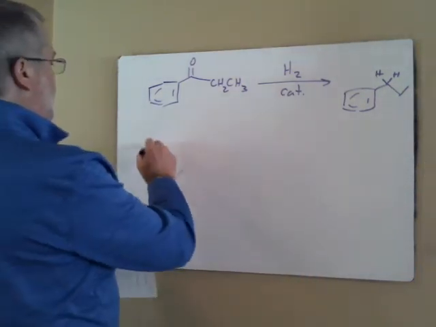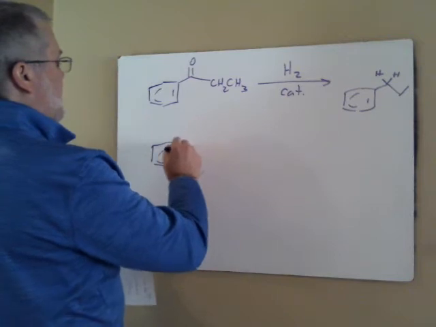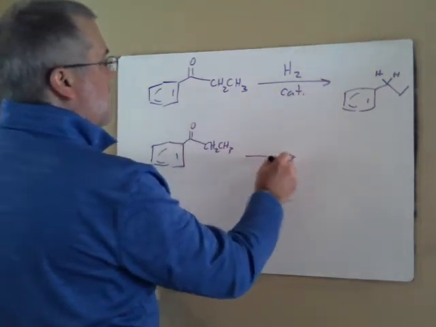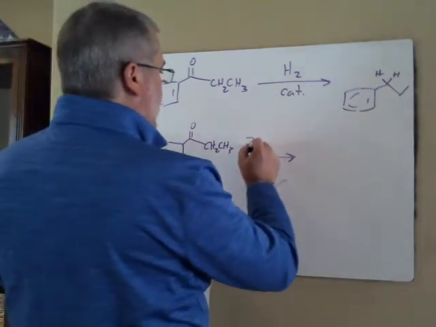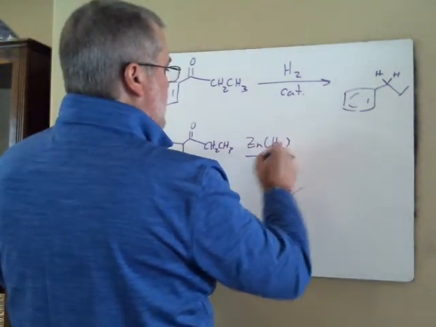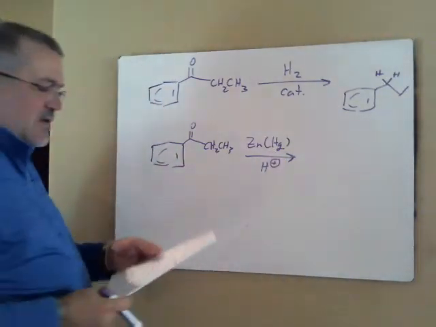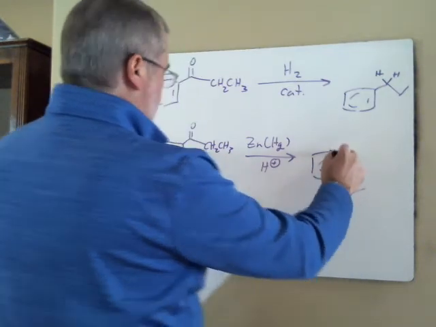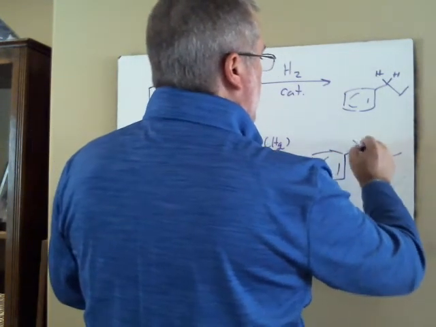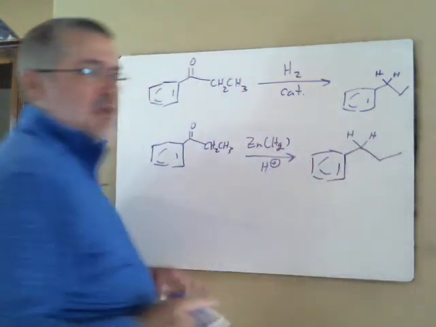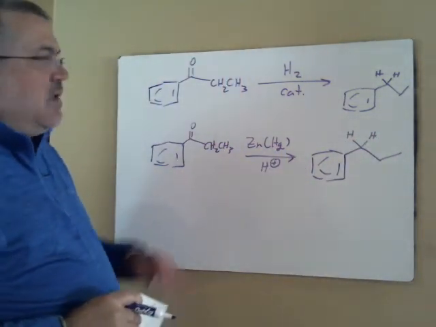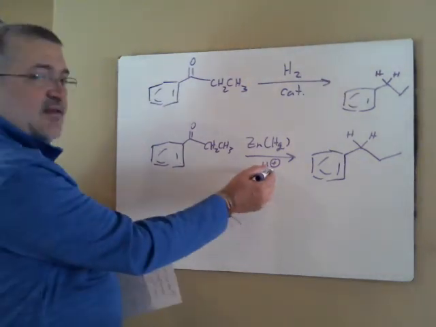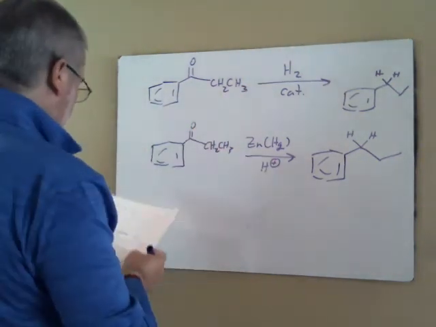Okay, but we also talked about how you could take this same ketone and treat it under Clemmensen conditions, and that was the zinc mercury, right, with acid, and you ended up again forming what? The alkyl substituent. So both of these do the same transformation, okay? But this one is acid catalyzed. This one is neutral, okay?